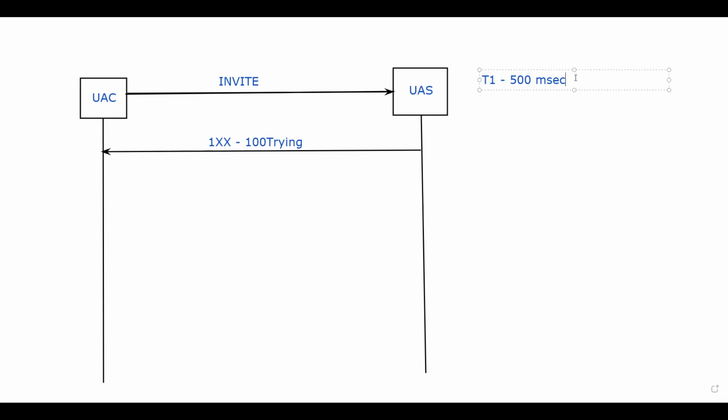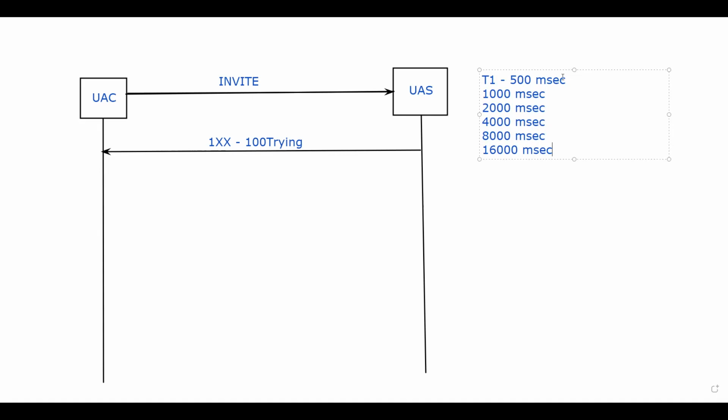Then you need to double the T1, double the time, right? When it sends again, it will send the request at 1000 milliseconds. After that, it will send the request at 2000 milliseconds, then multiply by 2 again, 4000 milliseconds, multiply by 2, 8000 milliseconds, and then the last is 16,000 milliseconds, right?